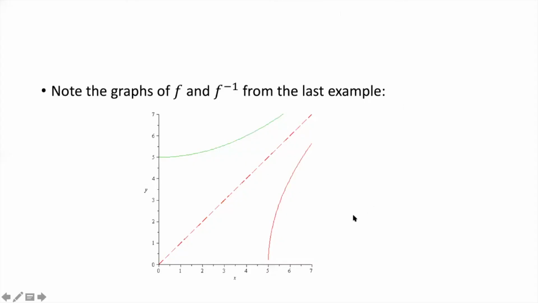All right, so what you're looking at here are just the graphs of f and f inverse from the last example. This is the graph of f of x equals 4 times the square root of x minus 5. And up here we have the graph of f inverse of x equals x over 4 squared plus 5.